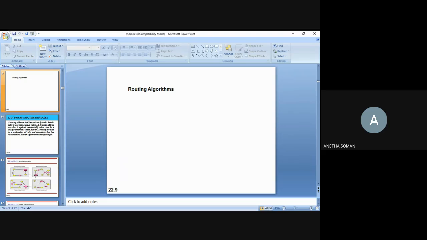Now, how can the network layer decide which is the correct route to every possible destination in the network? You have a source, you have a destination, and you can have several paths to reach the destination. How will you determine which path to select?